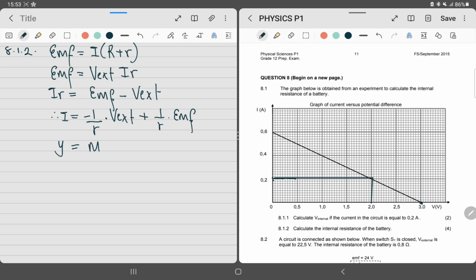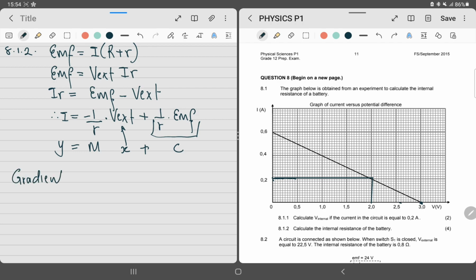V external is found on the x-axis, so this will represent the x, and this whole thing will represent the y-intercept. So we have an equation of a straight line. The internal resistance must be found from the gradient.